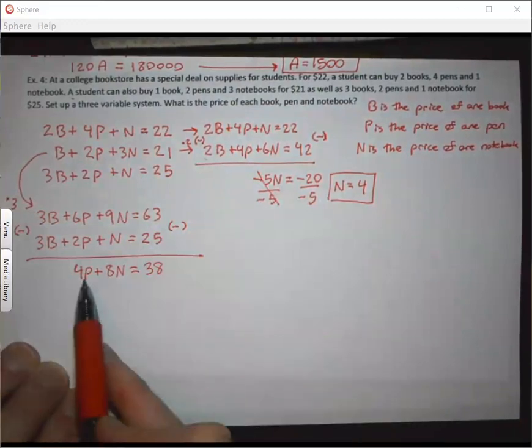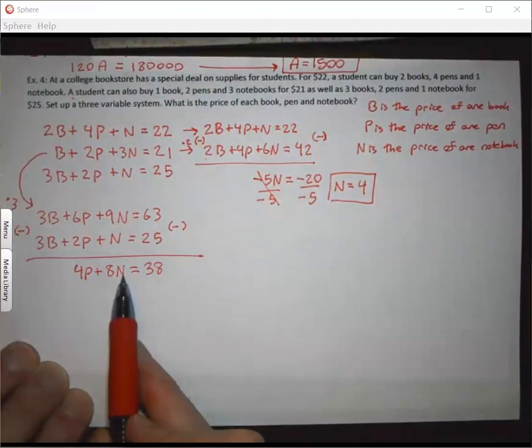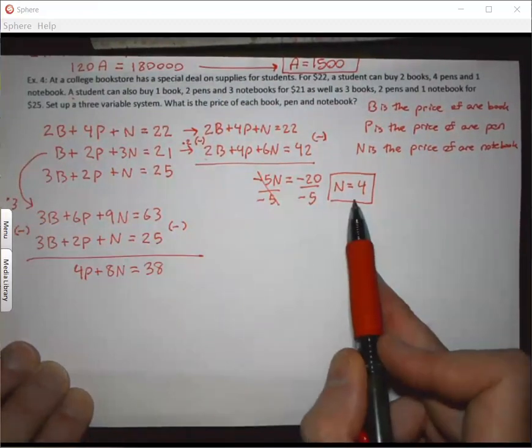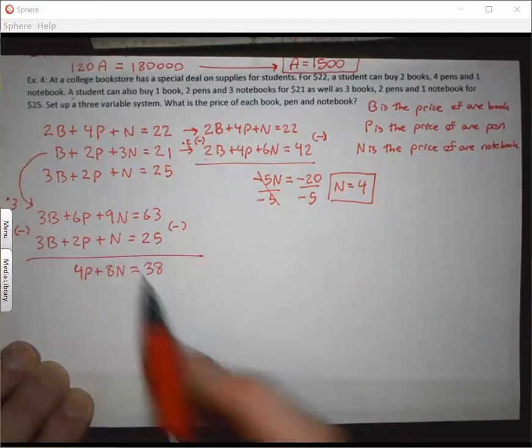So now I have an equation with P and N. In our first step, we found N. So let's plug that in, and we can find P.